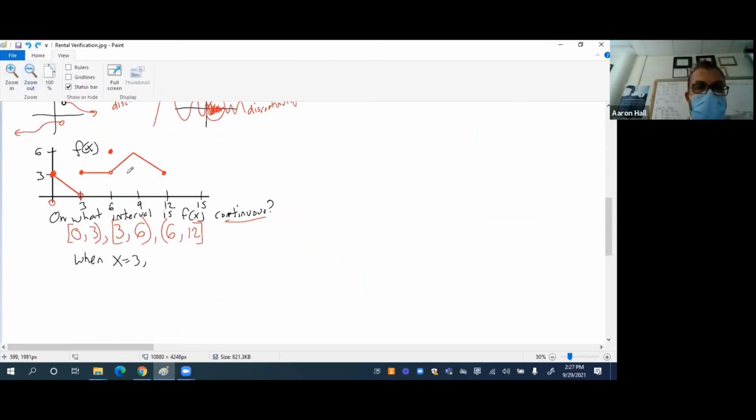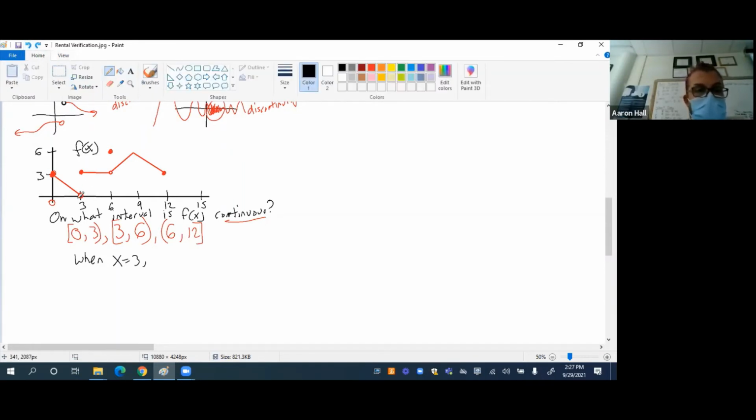Does everybody see it's a jump? It looks like we're teleporting from one end to the next. We have a jump discontinuity.